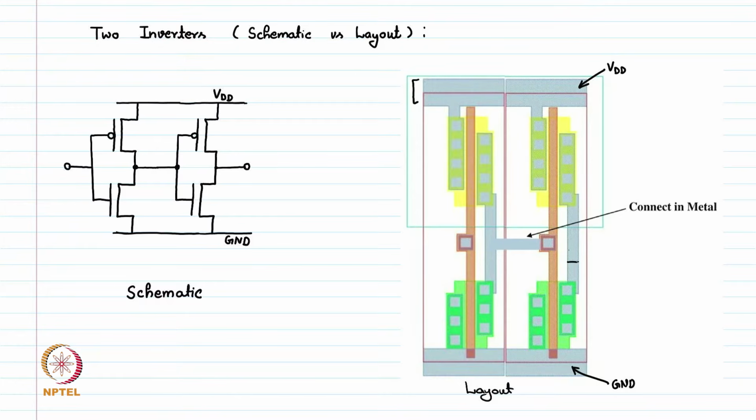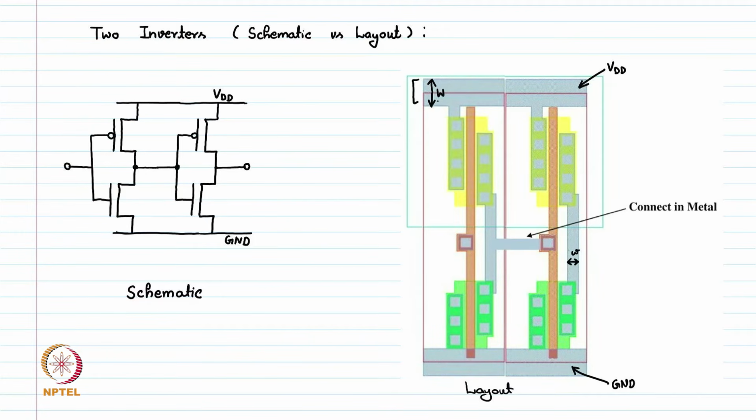For example, here this thickness is very small compared to the thickness we have of these supply rails. Let's say this is capital W and this is small w. So we can see the VDD and GND supply rails are very thick in size so that they can provide current to all the devices.